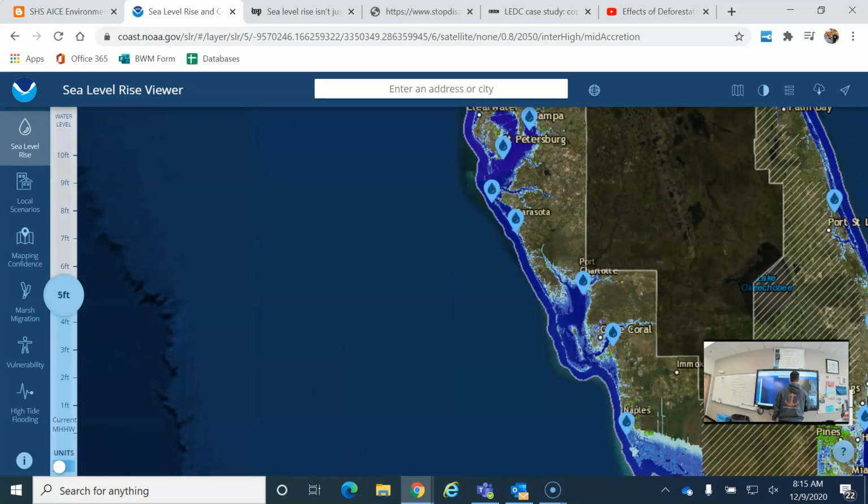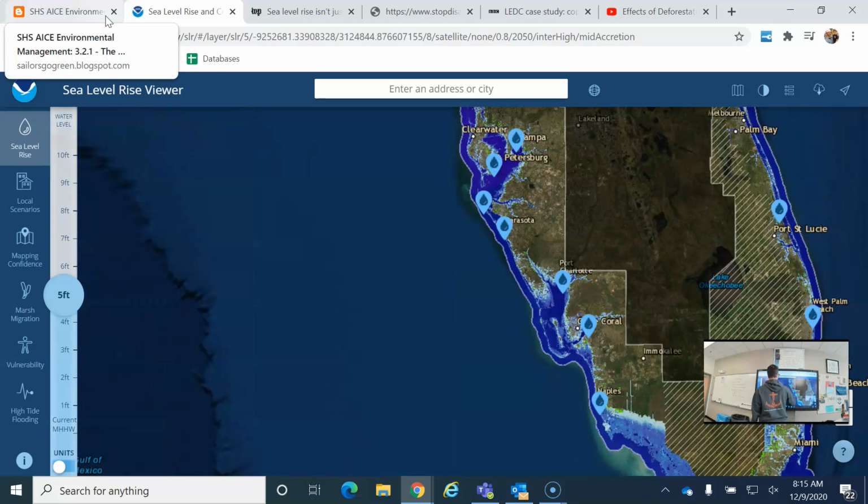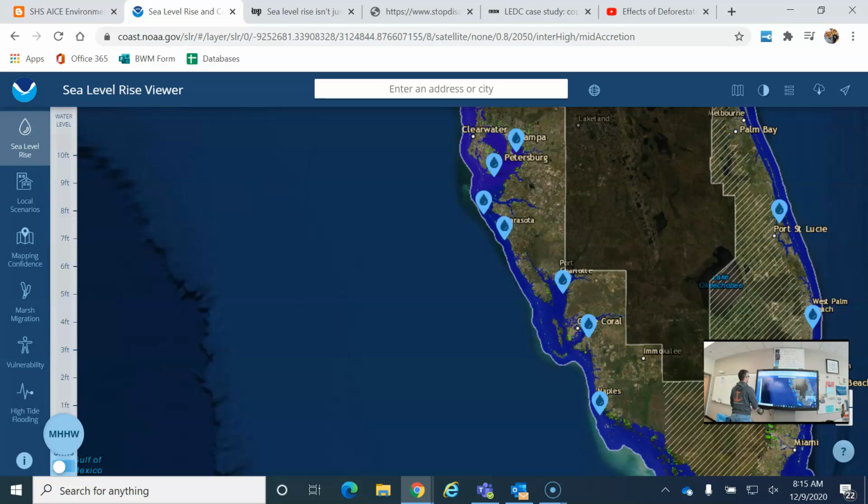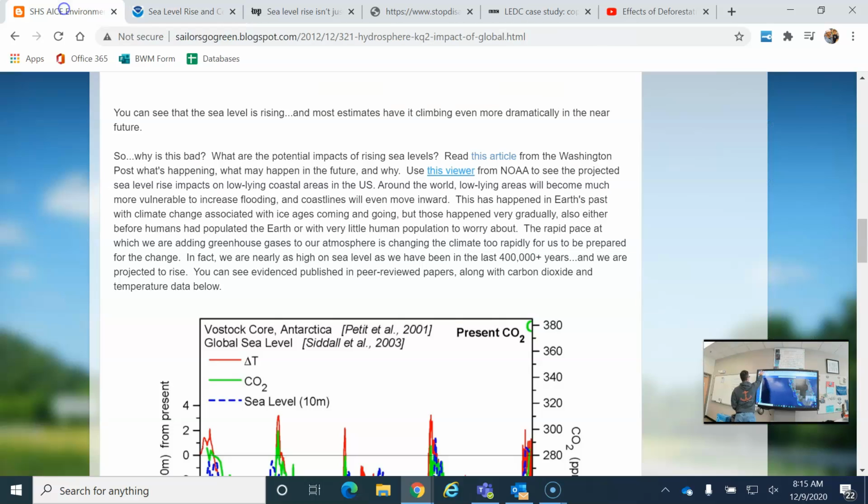Tampa seems to get a little bit worse than us. What's going to be flooded? Is your house going to be flooded if we're 5 feet in the future? 8 feet? All right, definitely we're all going to have some issues at 8 feet. And you can definitely see different stuff that's going to happen. You can play with all the stuff on the left. You can even put your address in, and you can even do some management strategies on here as well. So please play around with that.